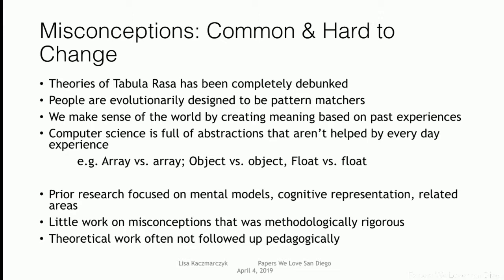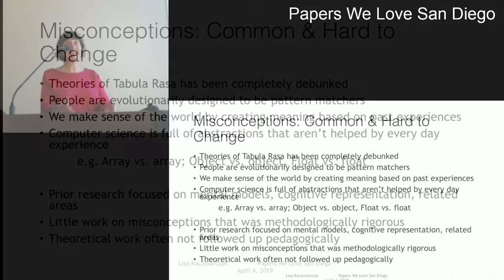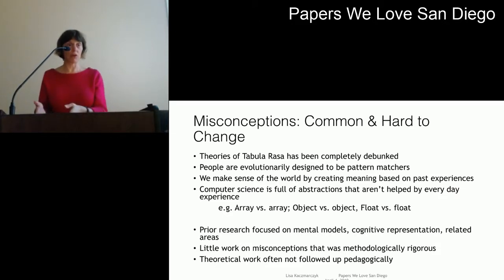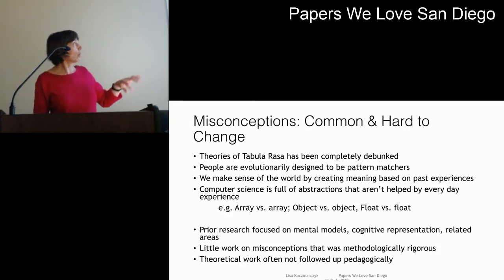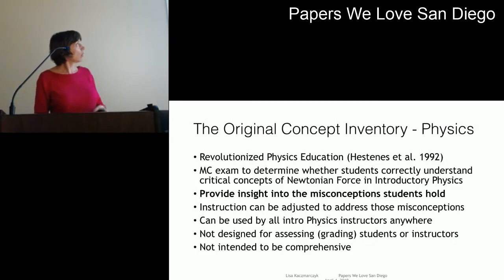There hadn't been a lot of studies that actually said, let's look at this in a scientifically rigorous way and start seeing what we can understand about student perceptions and conceptions in computer science in a way that would then lead to how we can educate more effectively. And a lot of the theoretical work wasn't followed up with actual pedagogical application. There would be theories of how people are thinking or perceiving, but then the next step wasn't taken. So that's kind of where we were before this work.